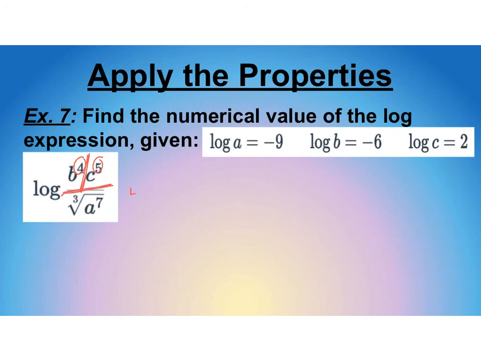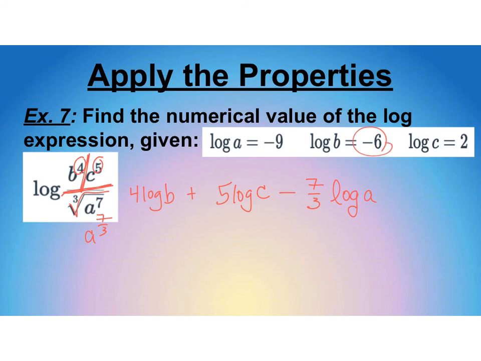So I'm going to do 4 log b plus 5 log c minus a to the 7/3, because that radical, the index, goes in the denominator. So that 7/3 is going to come out in front of log a.